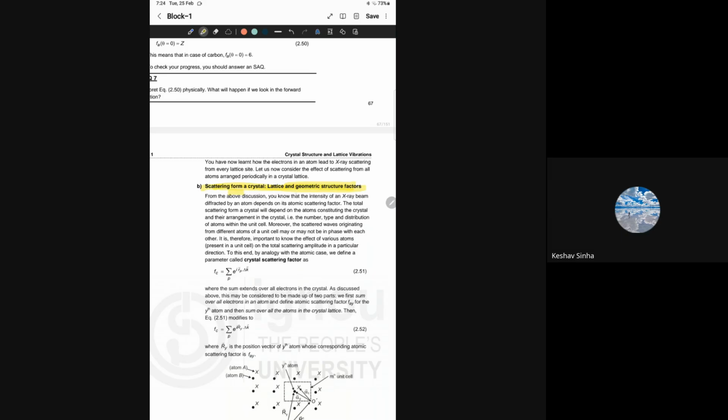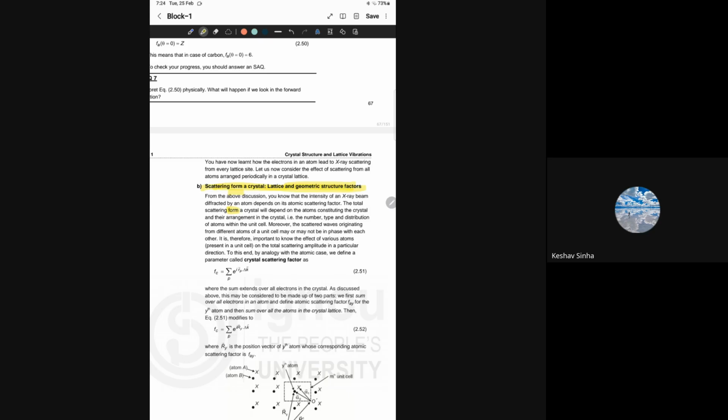So that is what it is telling you, that the intensity of X-ray beam diffracted by an atom depends on its atomic scattering factor.